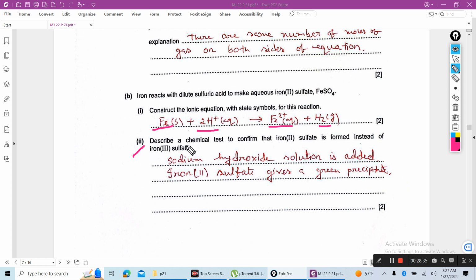Now describe a chemical test to confirm that iron 2 sulfate is formed instead of iron 3 sulfate. This is the test for iron 2 ion and iron 3 ion.